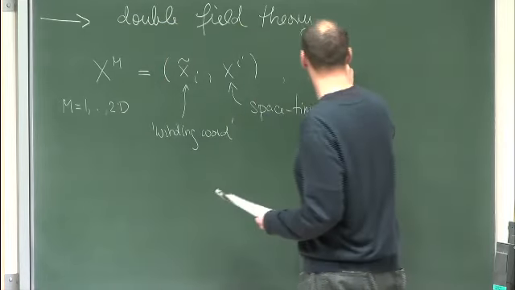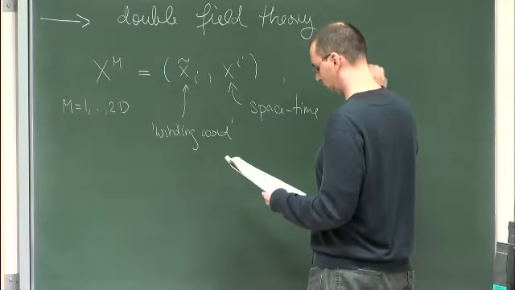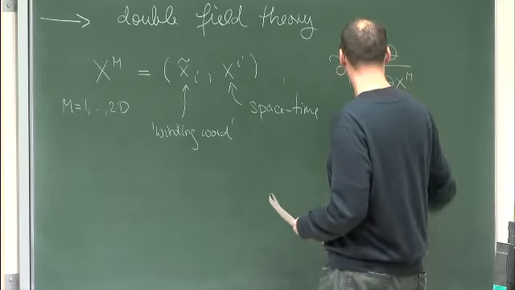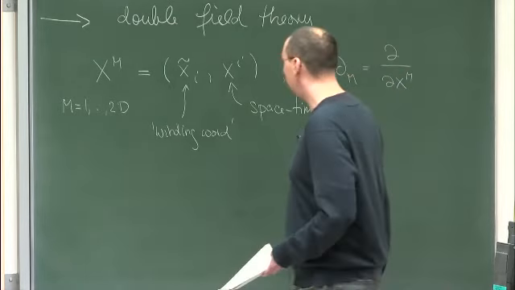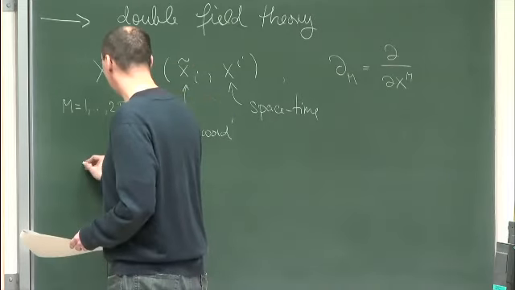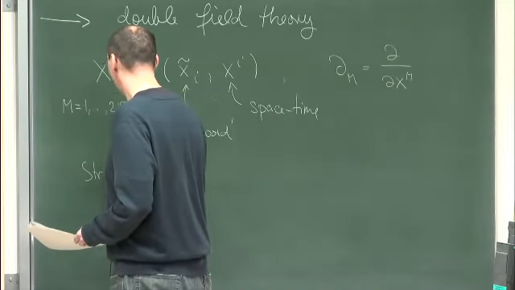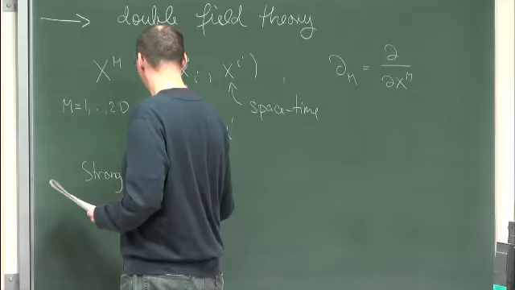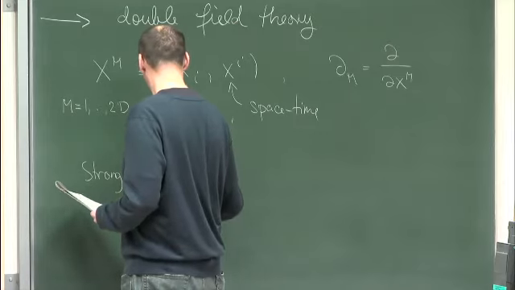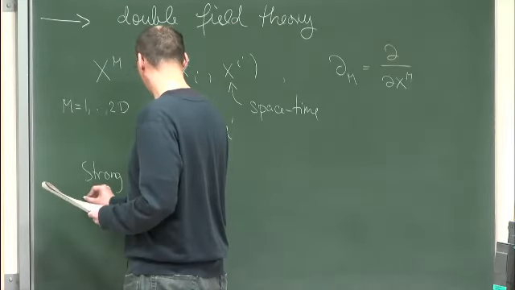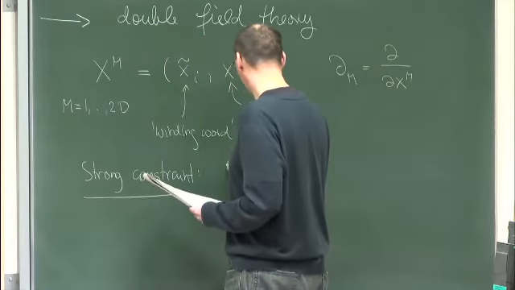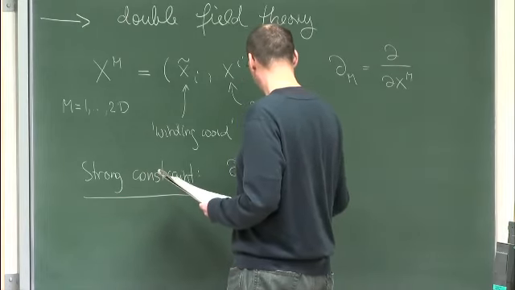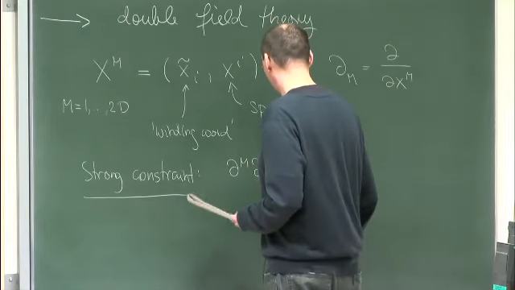And similarly, we have derivatives with respect to these extended coordinates. So we double the coordinates, but at the same time, because physically we know we don't live in 2D dimensions, we only have half of the coordinates, and this is implemented by a constraint, sometimes called the strong constraint, where you demand that the following is 0.